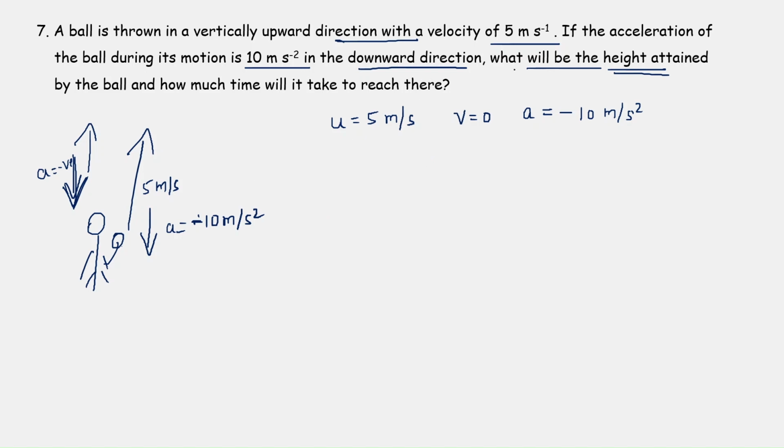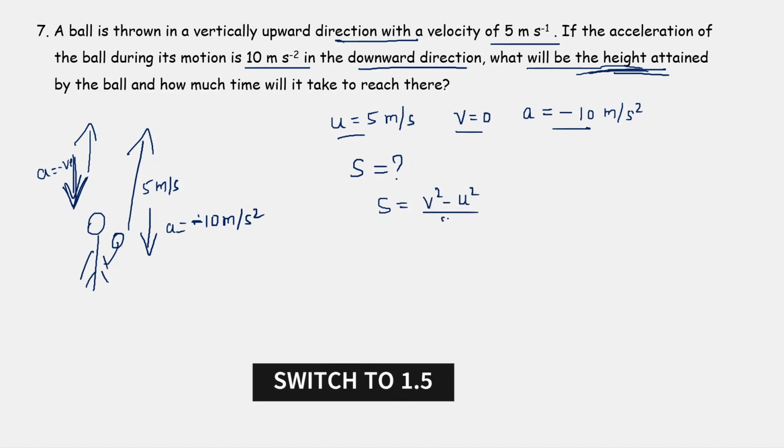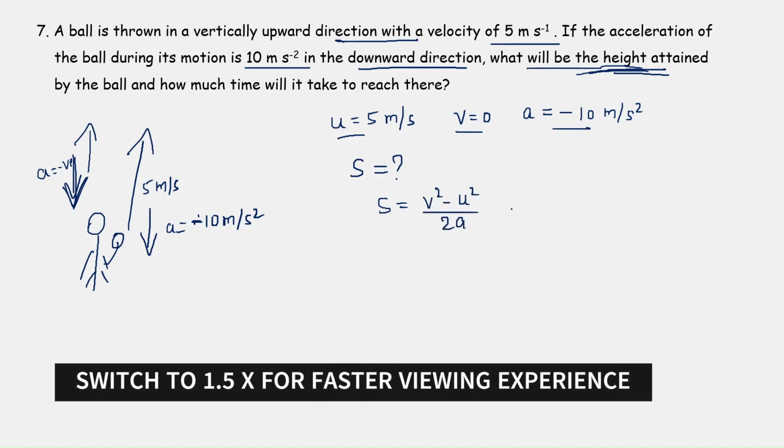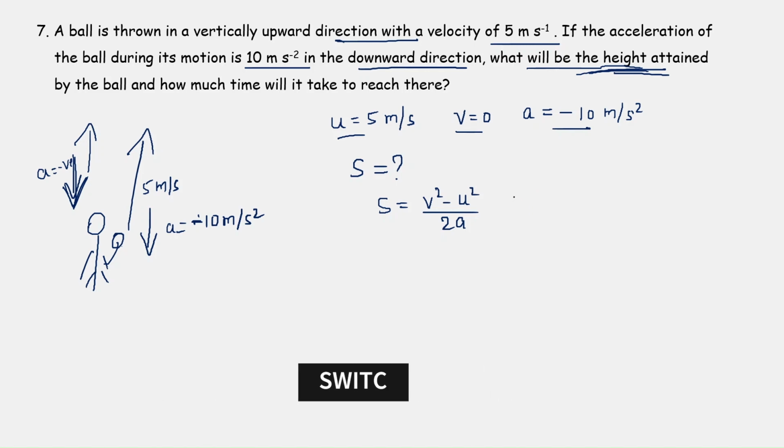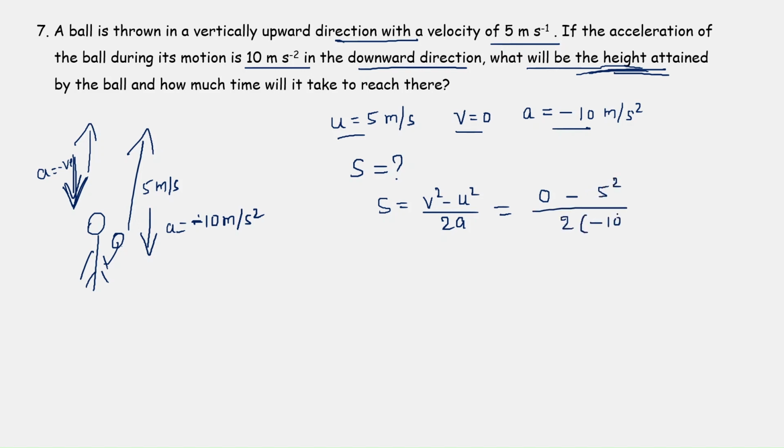So now what we have to find out is the maximum height attained by the ball. So let us consider s equals to question mark. We have u value, we have v value and a value. So which is the best equation? We can use s equals to v square minus u square by 2a, the third equation of motion, like v square minus u square equals to 2as. So v final velocity is 0 minus initial velocity 5 square by 2 into a, which is minus 10.